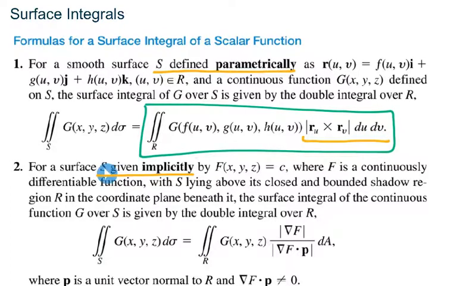If my surface is given implicitly, then the surface integral of some continuous function g over that surface is given by this double integral. We take that continuous function and use that definition for our implicit surface area integrals, which would be included in there as our differential.